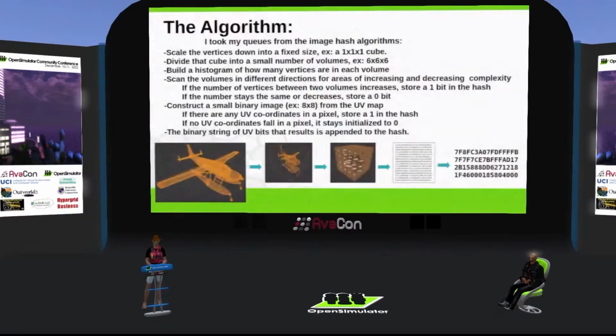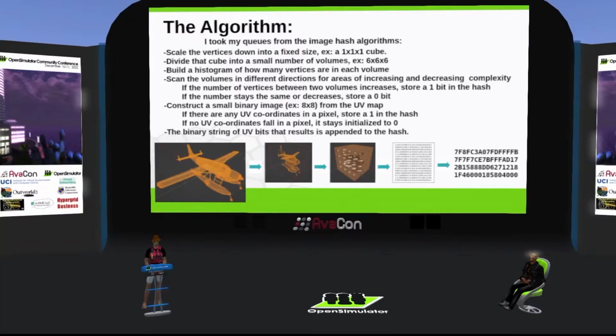So here's the algorithm I came up with, and I'm open to somebody with other suggestions. What I'm doing with 3D objects is that I started with something kind of similar to what the people were doing with images. I scale the 3D object into a 1 by 1 by 1 cube, for example, and then I chop it up into a bunch of pieces, like 6 by 6 by 6, for example.